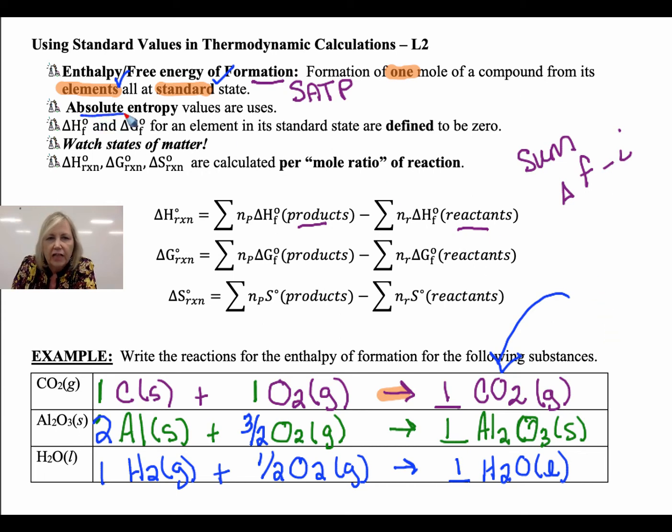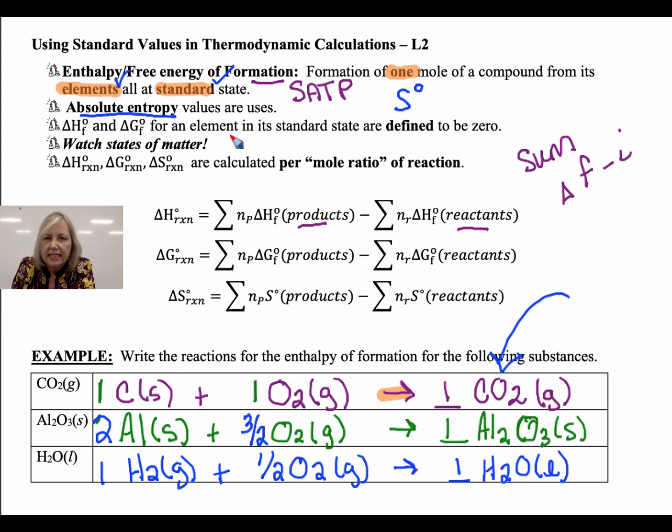For entropy, we're not using formation values. We're actually using what's called the absolute entropy of the substance. What is its absolute disorder, or how many microstates are there, or how much freedom of motion do the molecules have. Okay?